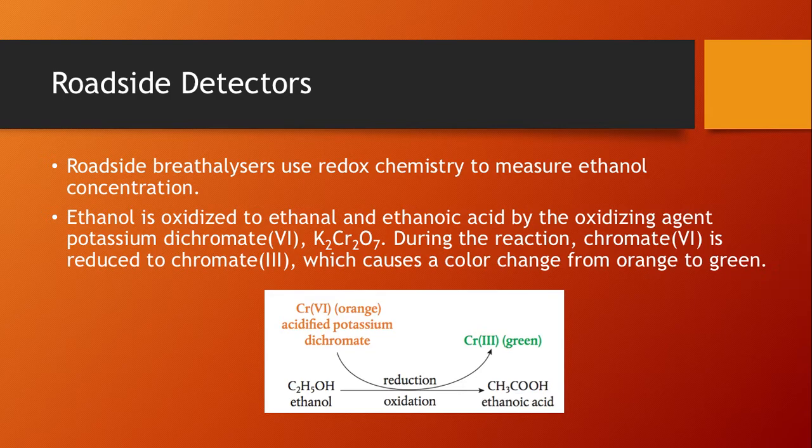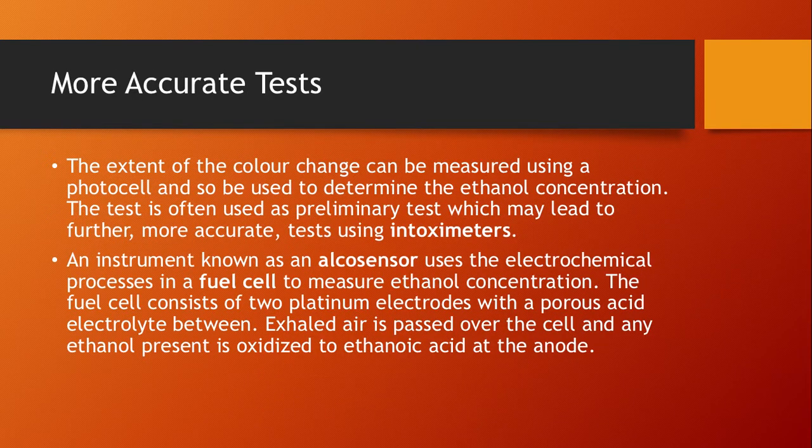So we can see that as our redox reaction, the color change, which is an indication of a different chemical, ethanol being converted into ethanoic acid. So the extent of the color change can be measured using a photocell and so be used to determine the ethanol concentration.